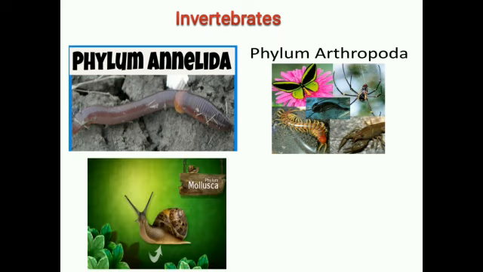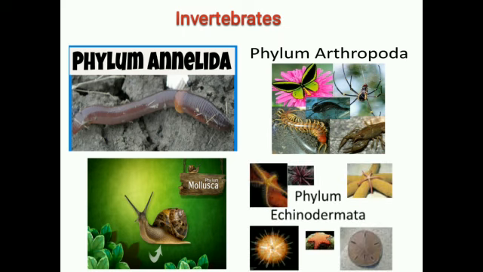Now phylum Mollusca is the second largest phylum of the animal kingdom. It consists of soft bodied animals. Phylum Echinodermata have spiny projections. Have you got it? There are 9 phyla, but in your class there are only 7. Have you got it about the chapter Classification of Living Things?